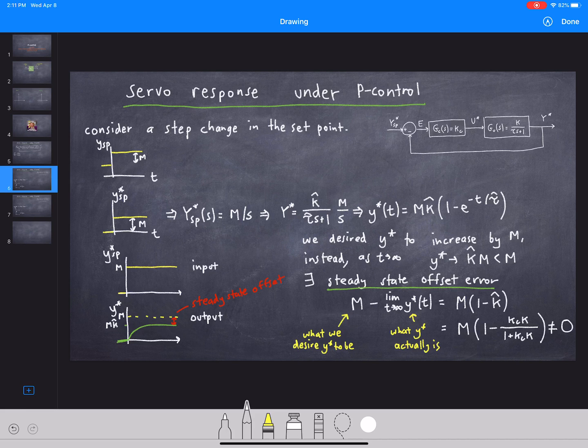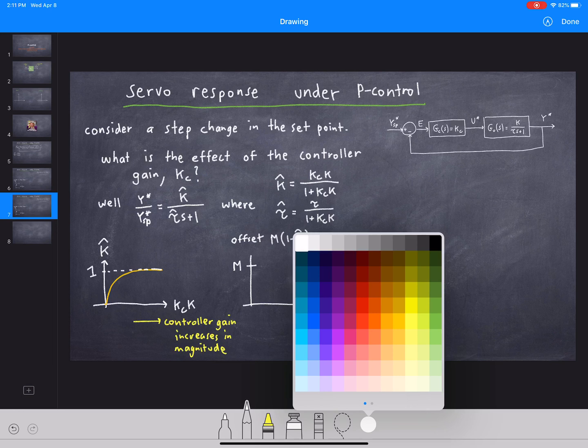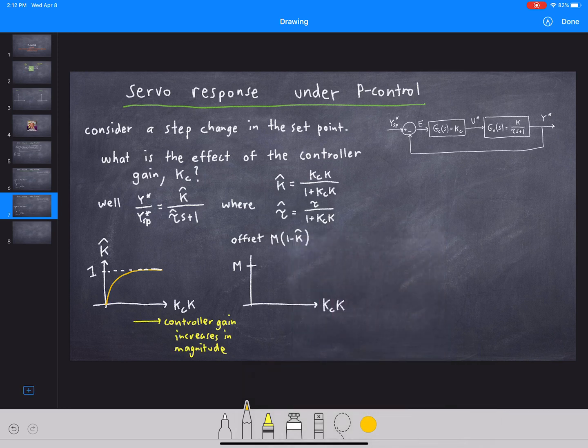It's m times 1 minus K hat, and this is also a function of Kc K. If you don't have any control, the offset starts off at m, because you're not doing anything, and y is going to stay at 0 even though you made a set point change of m. But if you increase your controller gain, the offset will eventually decrease to 0.